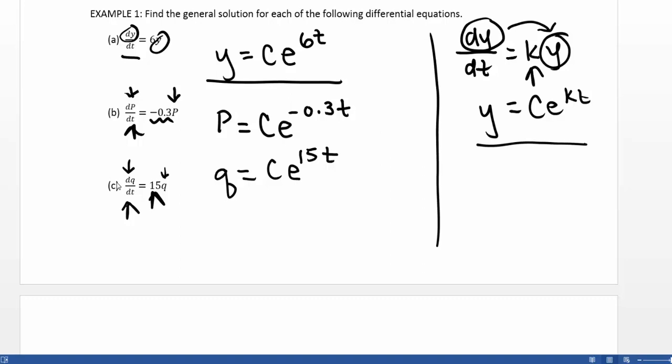In these first three, we notice that we have growth for the first one because my k is positive, decay for the second one, and growth for the third one.